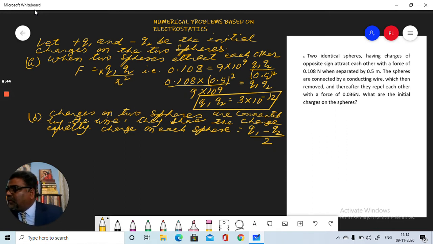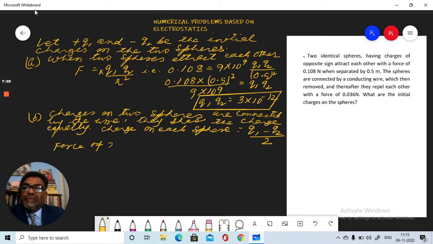Now, force of repulsion between them. We'll calculate the force of repulsion, because your question says in the second part, the spheres are connected by a conducting wire which is then removed and thereafter they repel each other, and the force is given 0.036 Newton.